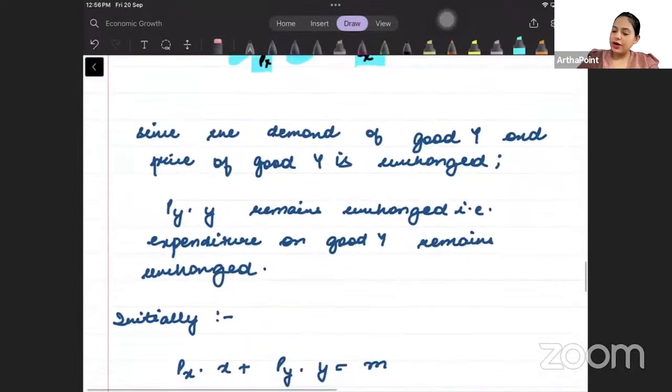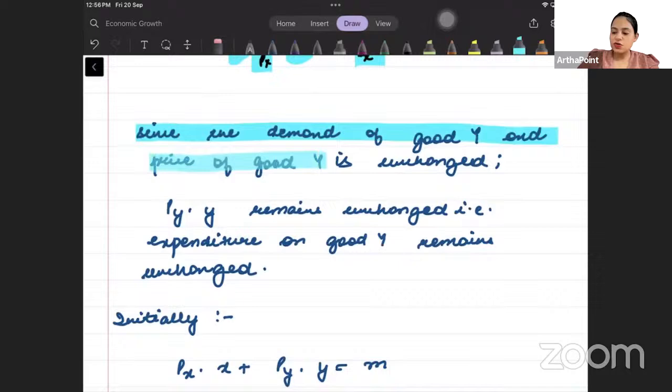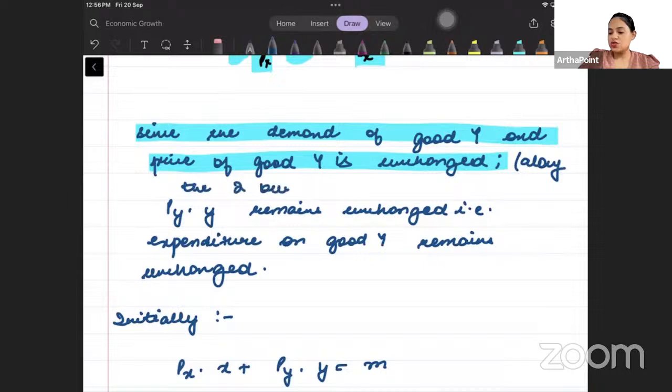Okay. Now I have written since the demand of good Y and price of good Y is unchanged. Here you can also mention in brackets along the two budget lines. So for the two different budget lines, we are saying that the demand of good Y is the same and the price is also the same.